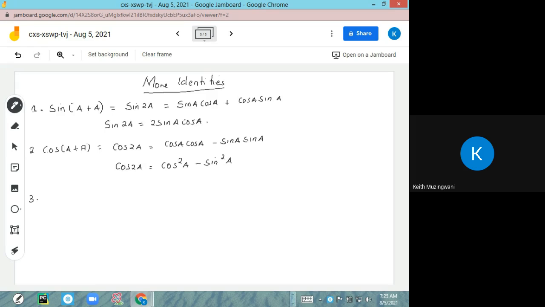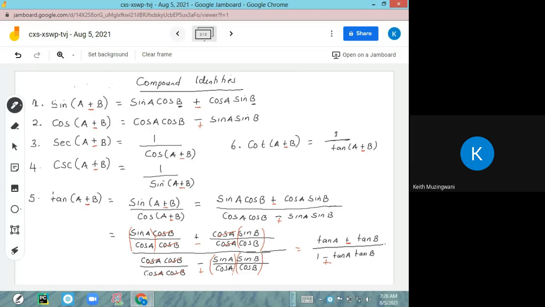3, if we are dealing with sec 2A, automatically it will be 1 over cos 2A. You should be able to pick it up from there, that if you see cosec 2A, you've just seen 1 over sine 2A. Okay, I'll be slow. Tan 2A, if you look at tan, it means that we'll have another A here, and we are adding.